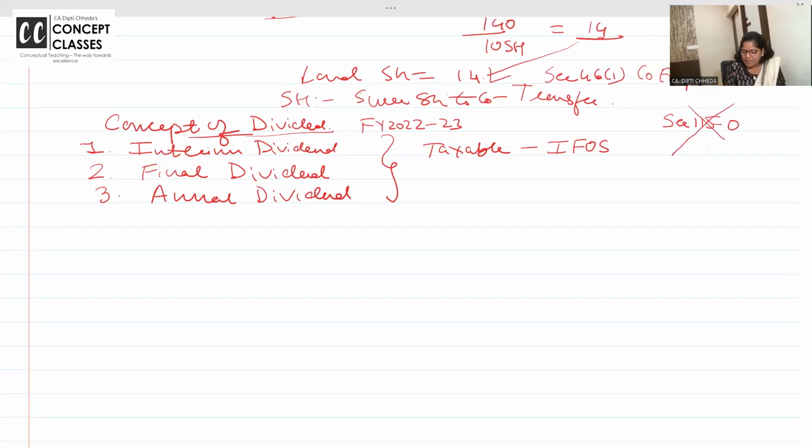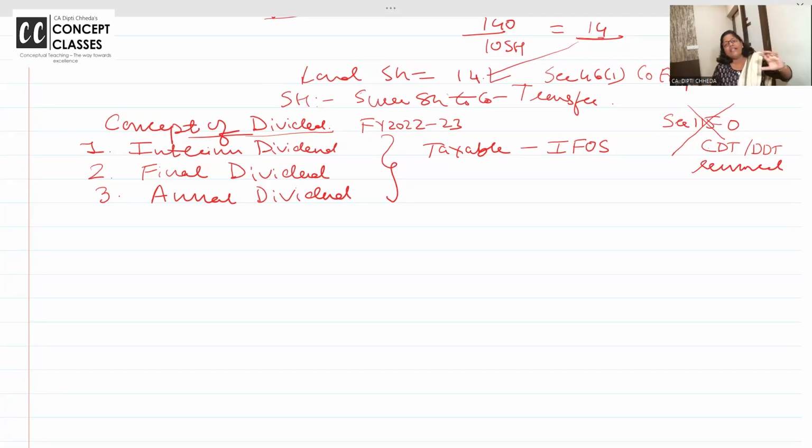Ma'am, when I was in Inter 2-3 years back, I had learned the concept of DDT, dividend distribution tax. You know, that concept was companies paying the tax to department on dividend distributed, and so dividend was exempt in the hands of shareholders. Now this is removed. Sometimes you should very well know what is there and what is not there in your syllabus, especially in income tax.